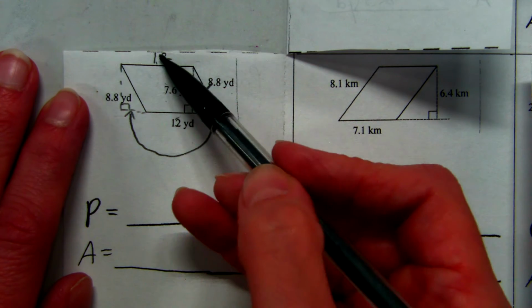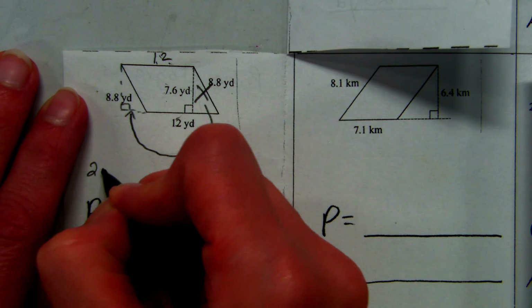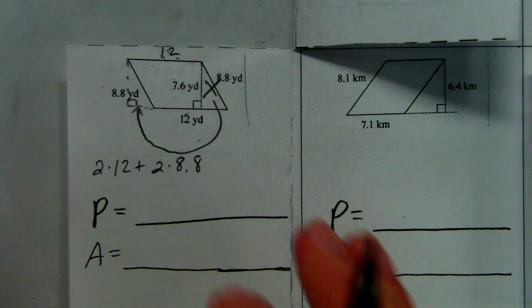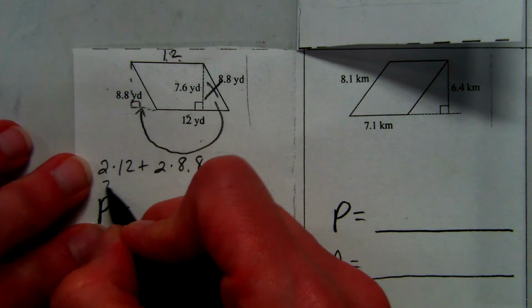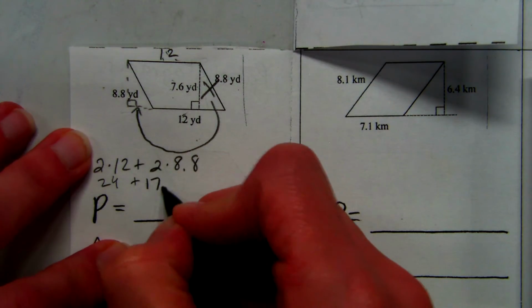So I can add the 12 and the 12 and the 8.8 and 8.8, or you can think of it as 2 times 12 plus 2 times 8.8. I kind of like that because it's a little bit faster than writing down all 4 numbers. So 2 times 12 is 24, and 2 times 8.8 is 17.6. Why did I do the multiplication first?